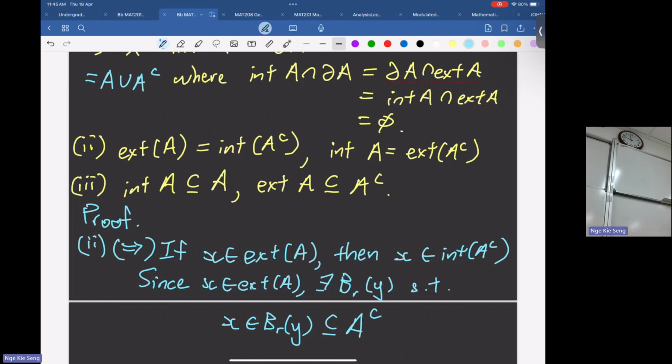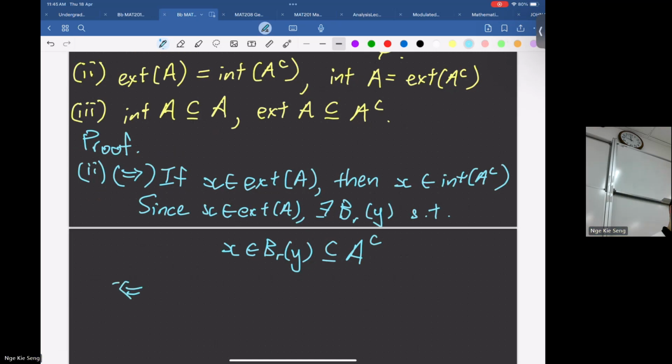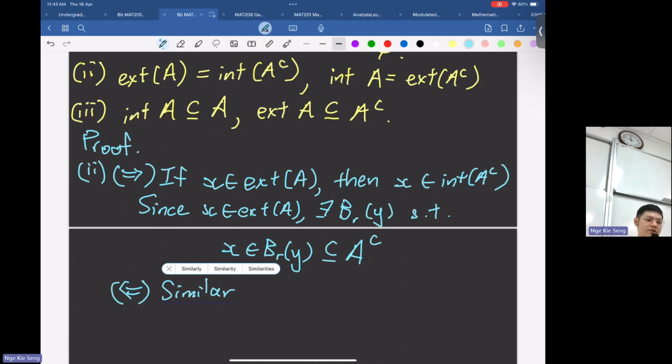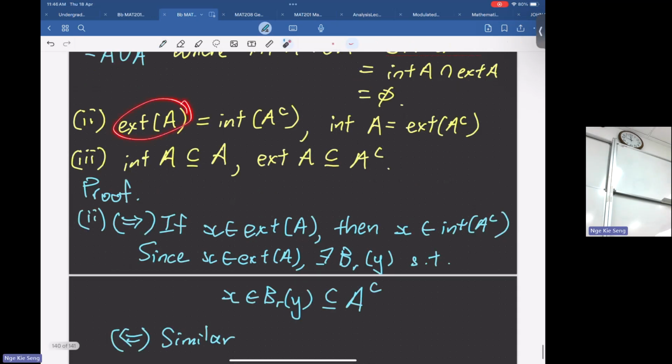Then you can show the other direction. Once you have exterior of A equals interior of A complement, you can straight away deduce interior of A equals exterior of A complement. You know how?